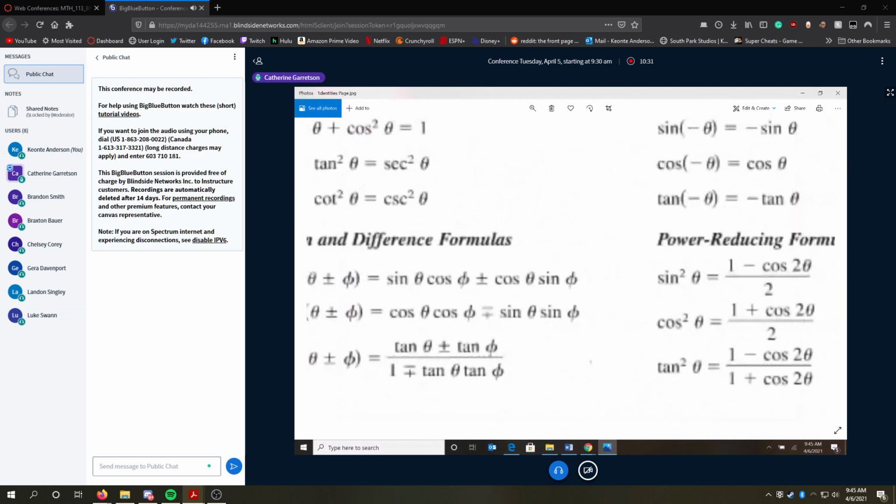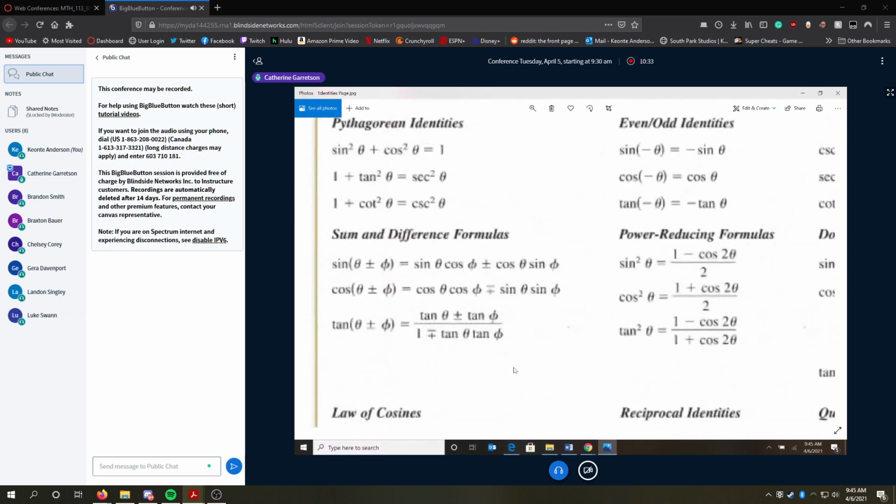Notice it says here that 1 plus the cotangent squared of an angle is equal to the cosecant squared of the same angle.